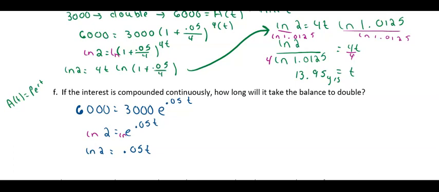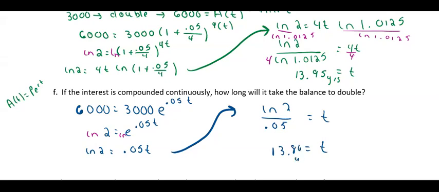So now we can use our natural log of 2, divide by our 0.05, and that will leave us with t. So typing all this into your calculator, you should get 13.86 years. So it saves a little bit of time, not a lot, but it does save a little bit. So this is our compounded interest.